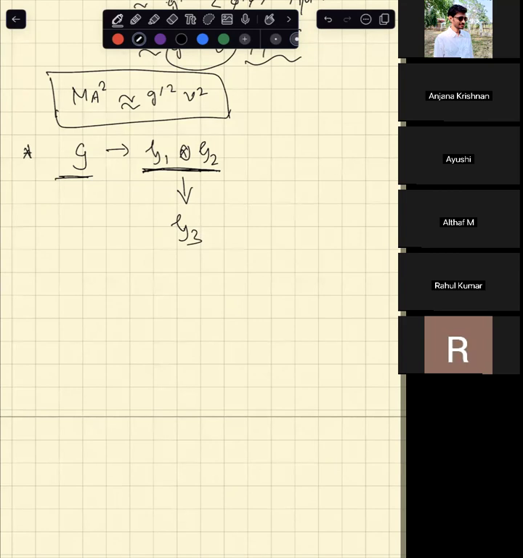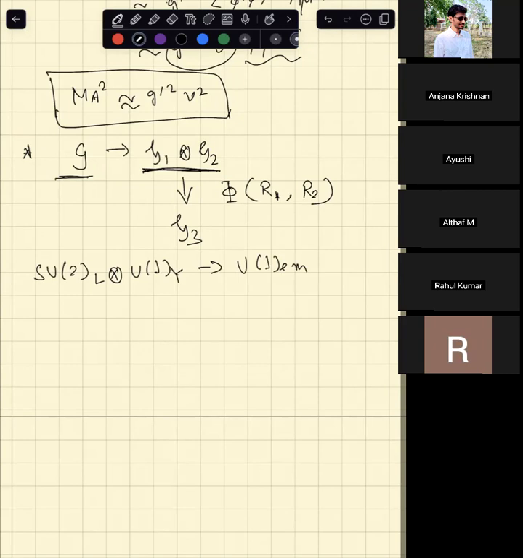So when I choose any scalar field, the representations under G1 and G2 are, let's say, R1 and R2. Or maybe I can make it much simpler. Let's say I have SU2L cross U1Y, which is broken into U1 electromagnetism.